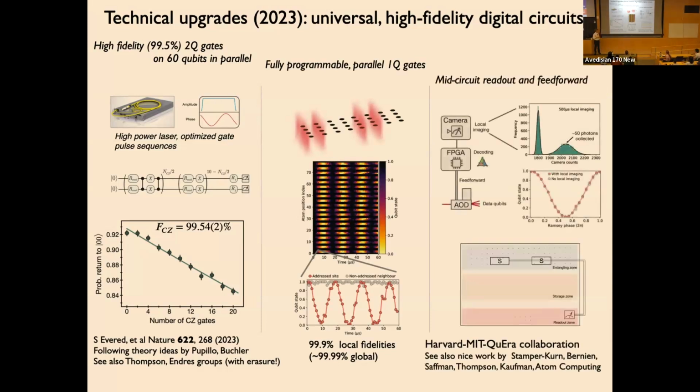One other thing, which I probably don't have time to discuss too much, is that we also now have an ability to read out qubits mid-circuit. We can use the reconfigurable architecture: we can pluck some qubits from either the gate zone or storage zone, move them into the readout zone, and just using a focused laser beam, read out the states individually.